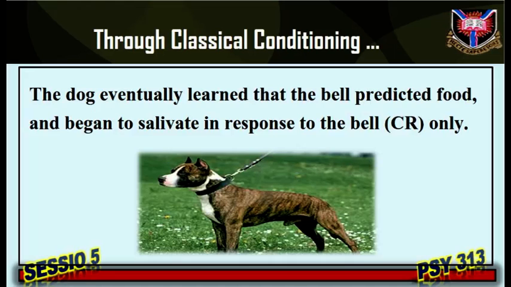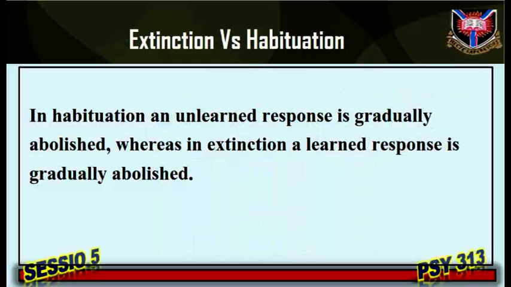This type of undesirable classically conditioned response can be weakened or even abolished by presenting the CS repeatedly without pairing it with the US, causing the CR to gradually decrease in strength. This process of extinction is just like habituation, except that in habituation, an unlearned response is gradually abolished, whereas in extinction, a learned response is gradually abolished.